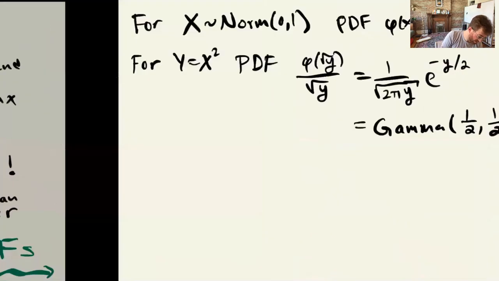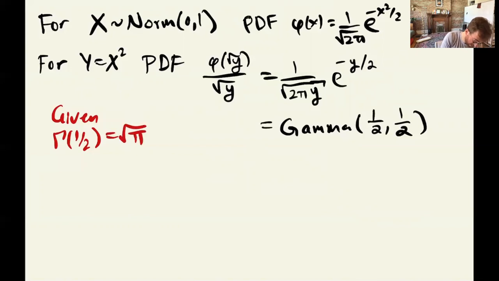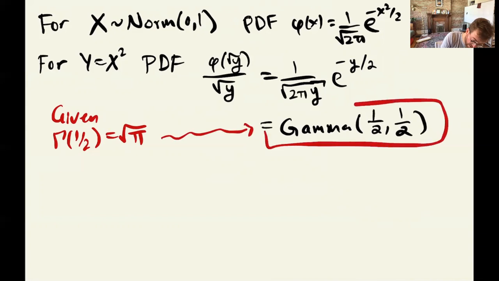So if we're given the extra bit of information that gamma of a half, which is a half factorial, whatever that means, is equal to the square root of pi, you can then say that just squaring a normal gives you this weird distribution evaluated at these parameters.